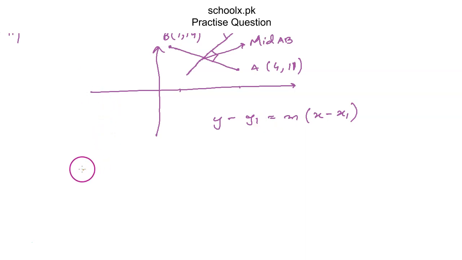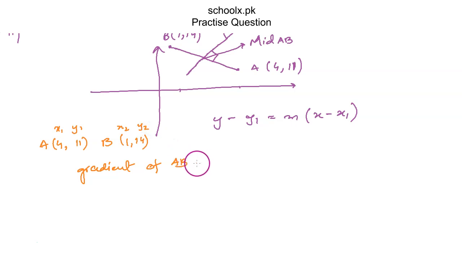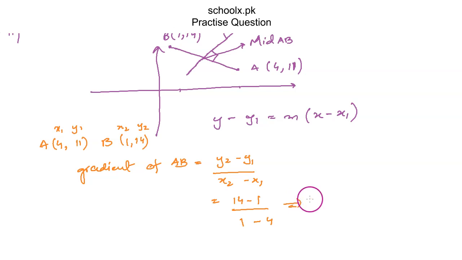So gradient of AB, A was 4, 11, B is 1, 14. Let's take this as x1, y1, x2, y2. It is y2 minus y1 over x2 minus x1. y2 is 14 minus 11 over 1 minus 4.